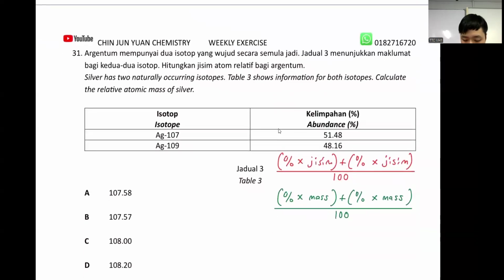Question 31, form 4, chapter 2, calculation. This is one of the easiest calculations. They want to find the relative atomic mass of this isotope, silver. Cis atom relative, argentum. So just use percentage multiply the mass, plus.